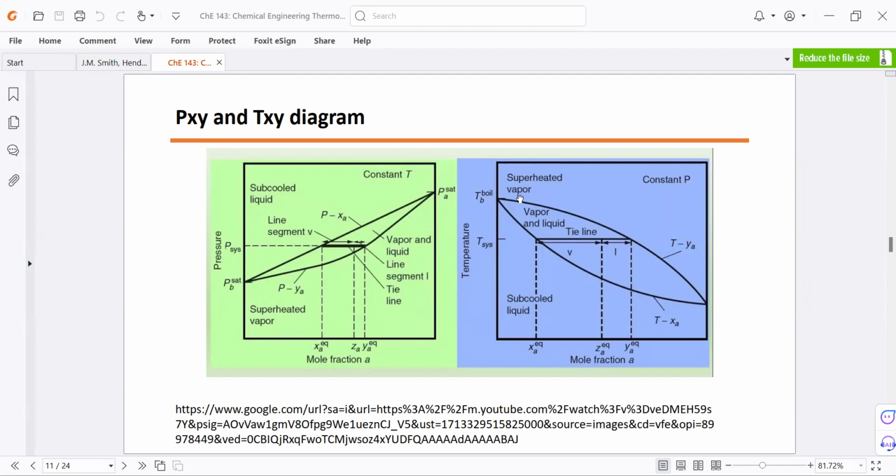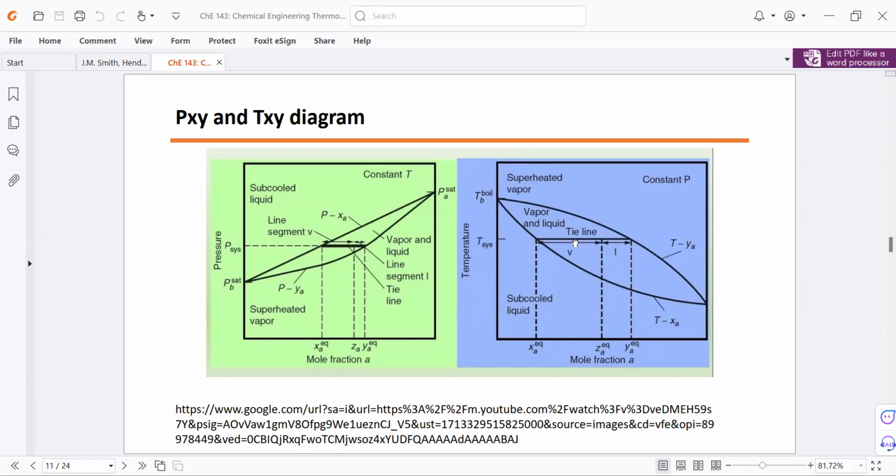On the other hand, if we have a TXY diagram, each of these curves represents a constant pressure. Okay, so it's the opposite. We have the superheated vapor region on top and the subcooled liquid at the bottom. And here we have two phases in the region, just like here we have the vapor and liquid equilibrium.